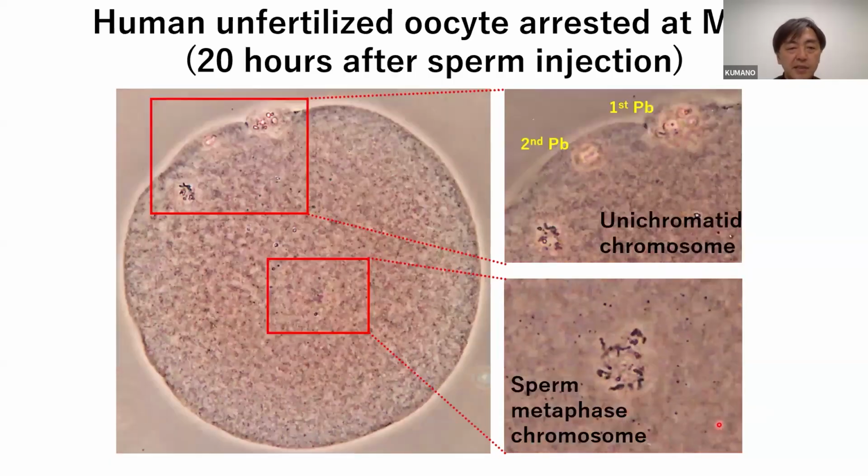In another unfertilized oocyte, we can find the first polar body and second polar body, and close to these polar bodies, we can find the metaphase chromosomes of the oocyte. Around the center of the unfertilized oocyte, we can find the sperm head forming a metaphase plate.